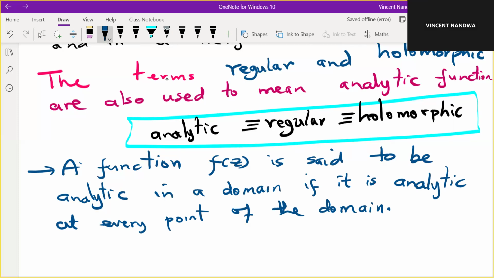In simple terms, saying f of z is analytic in a domain simply means f of z is differentiable at every point of the domain.